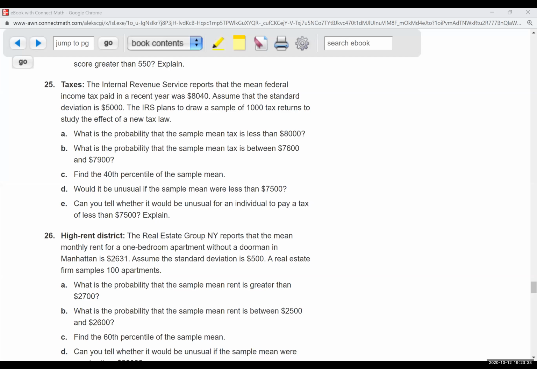And let's answer some problems from the book. Look at this also. If this is from 7.3, right? And look at the questions here. All the questions: what is the probability that the sample mean? Sample mean, meaning that is 7.3.